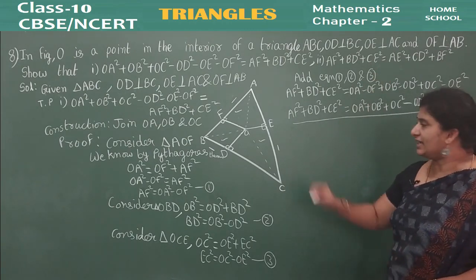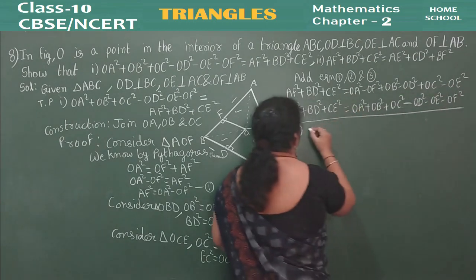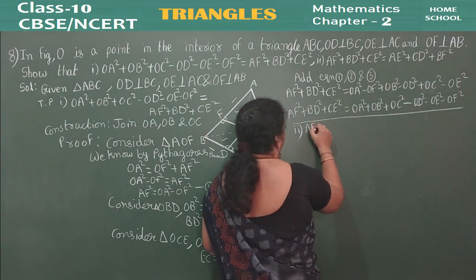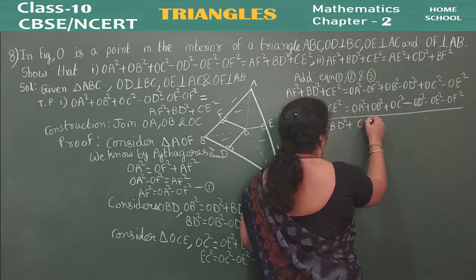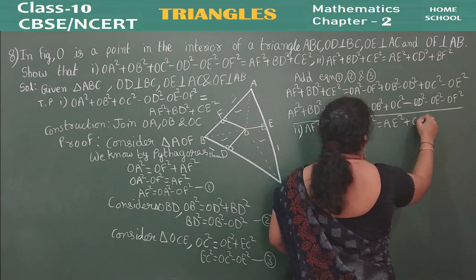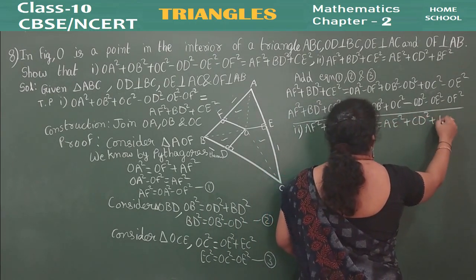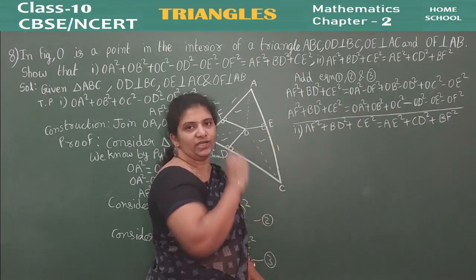Let's start your second sub question here. What is your second sub question? Prove AF square plus BD square plus CE square is equal to AE square plus CD square plus BF square. So we need to prove that.